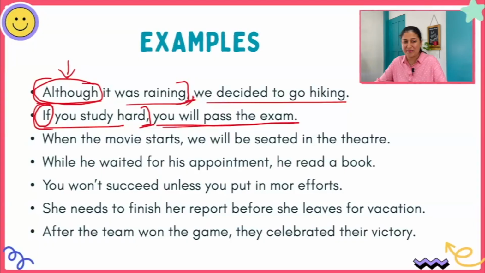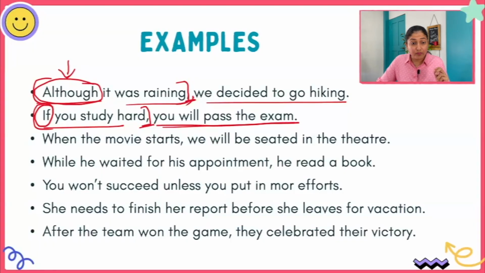So, in the English language, we have different conditional sentences, and that's why we are going to deal with conditional sentences in altogether a different lesson in detail. Okay, so for now, let's just continue understanding complex sentences.